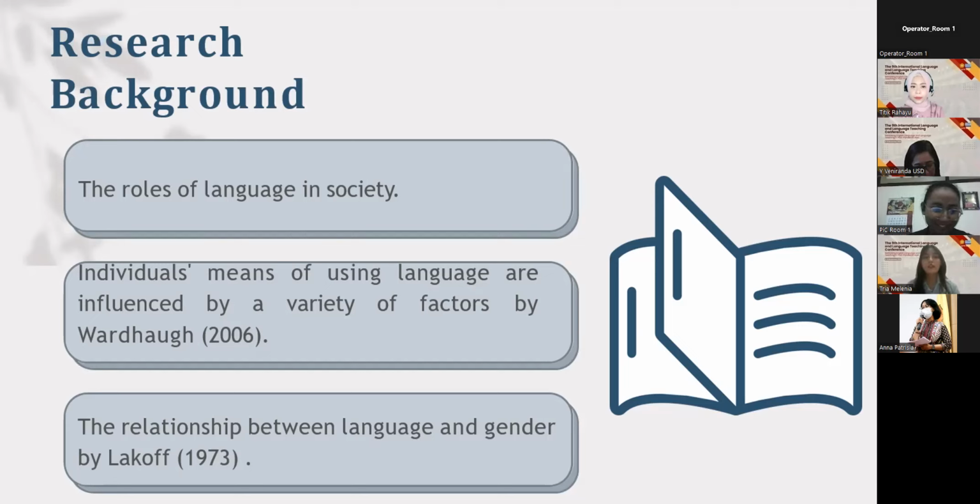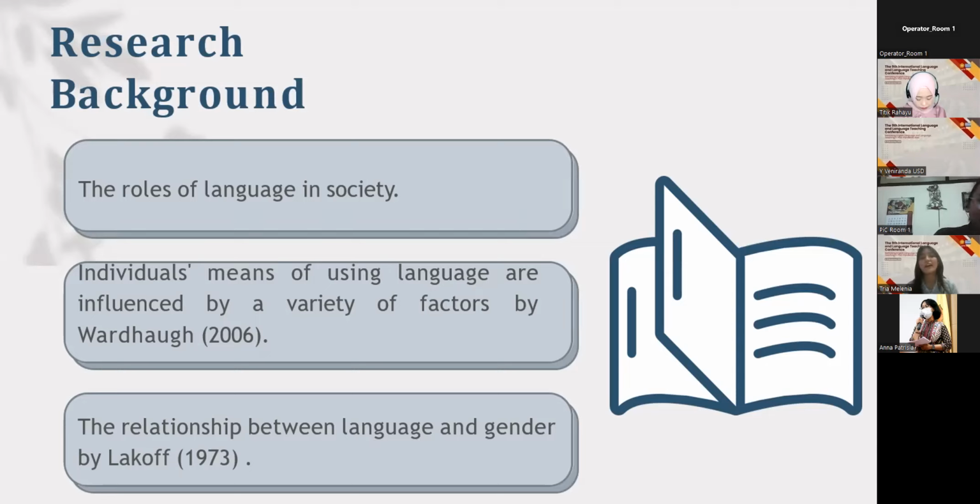Not only that, there is a theory by Wardhaugh 2006 which states that individuals' means of using language are influenced by a variety of factors. In society, the use of language is also affected by factors such as regional, cultural, social, and even gender. We also know the relationship between language and gender is one of the studies in sociolinguistics.